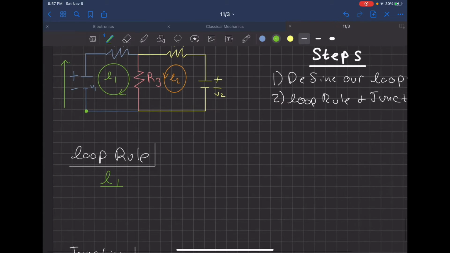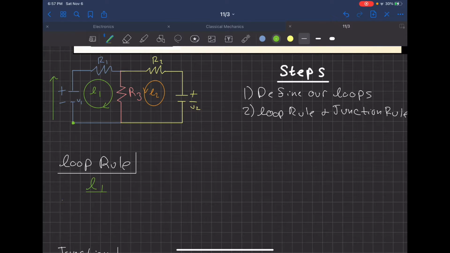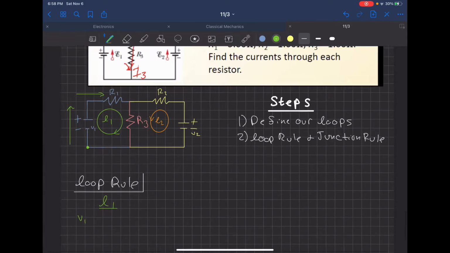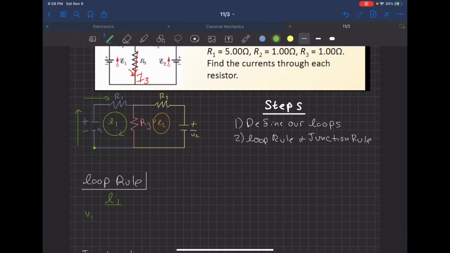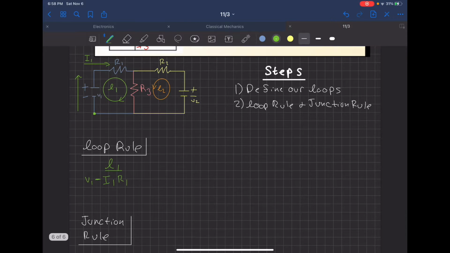So for loop 1, we go over the battery, so we're going to get V1, and then we're going to go over our resistor, which is going to give us a voltage drop equal to, I'm going to define this as I1 times R1. Now this just comes from V equals IR. In this case, our current is equal to I1 and our resistance is equal to R1. So that just becomes that.